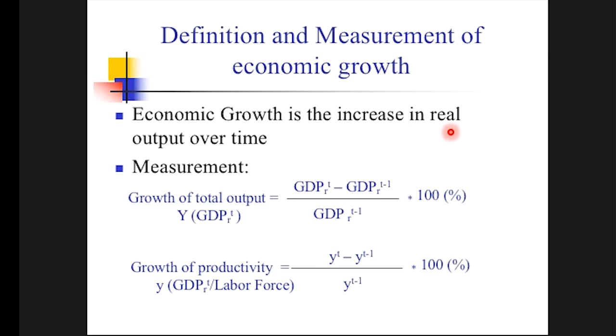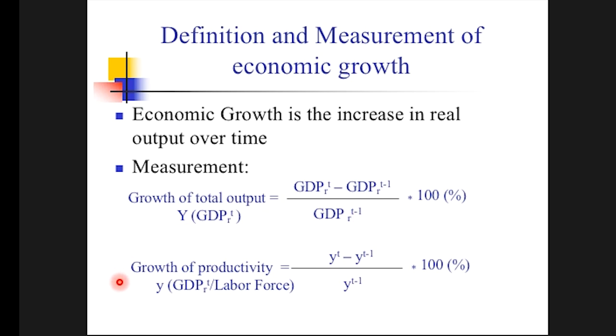The real output is measured by real GDP, so the economic growth rate is also the growth rate of real GDP. It equals the change between GDP in two consecutive years in percentage terms.